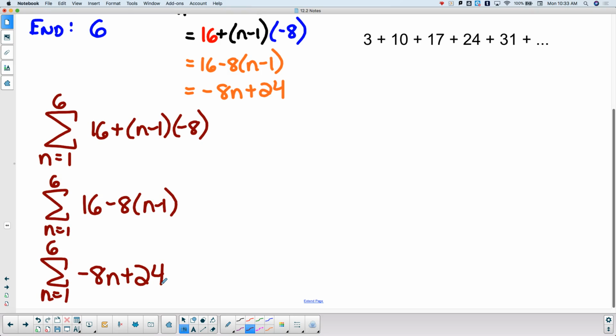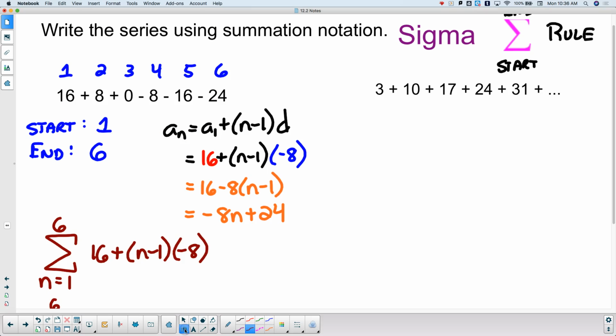What I'd like you to do now is find me sigma, or write that series, the second series there, in sigma notation. I'm going to start at the first term, and I'm going to end at infinity because it goes on forever. So that one is going to be infinity.